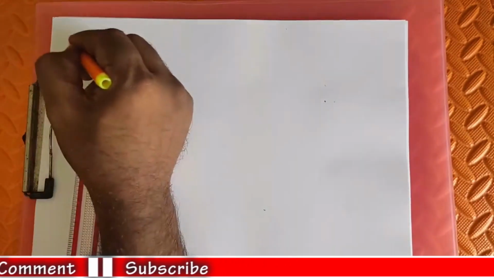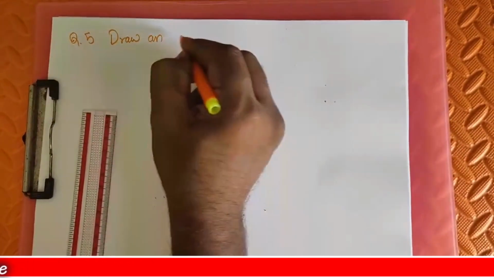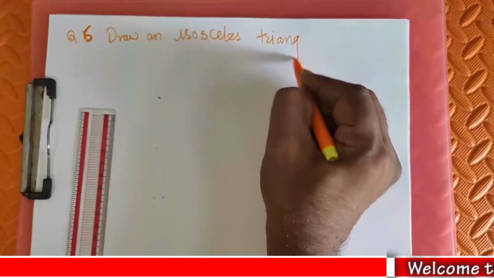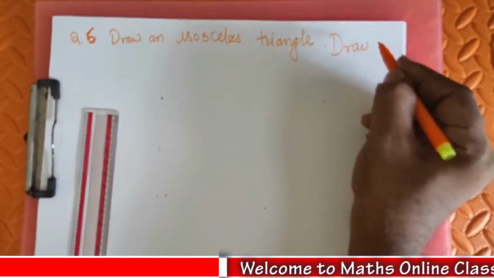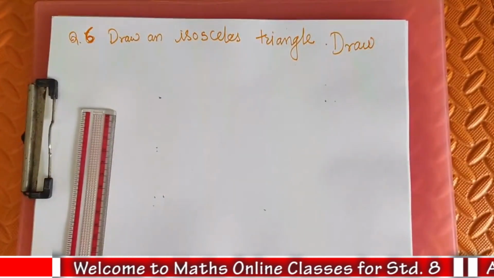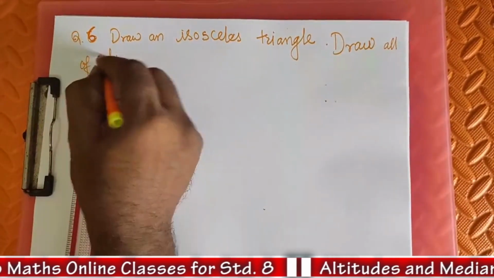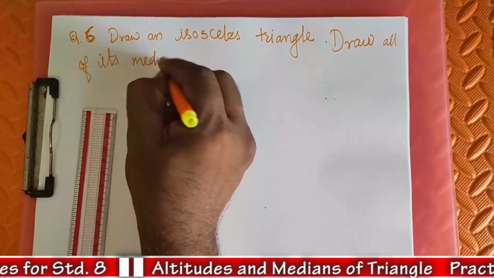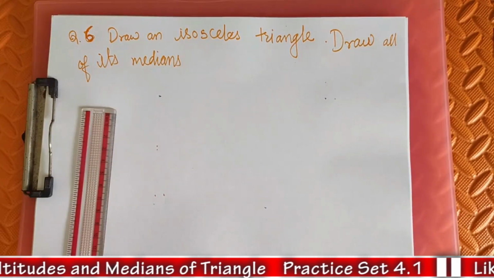Question number 6. Draw an isosceles triangle. Draw all of its medians and altitudes.